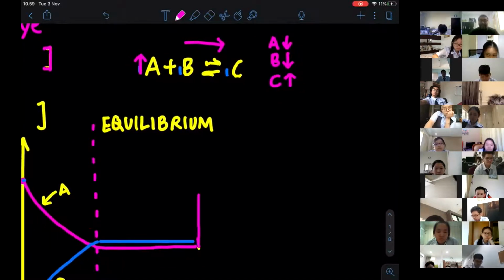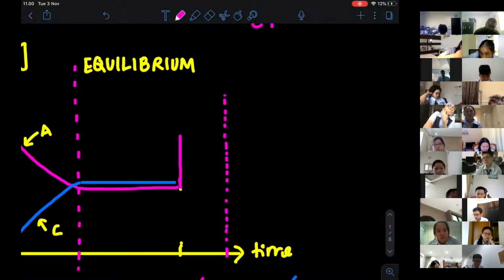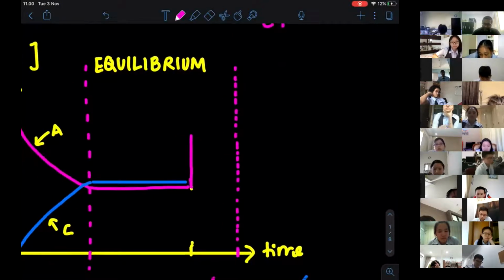Now, when you decrease the concentration of A, you cannot decrease to the original condition. It means a new equilibrium is going to be formed over here. When I decrease the concentration of A, it doesn't come back to the original position before the change.